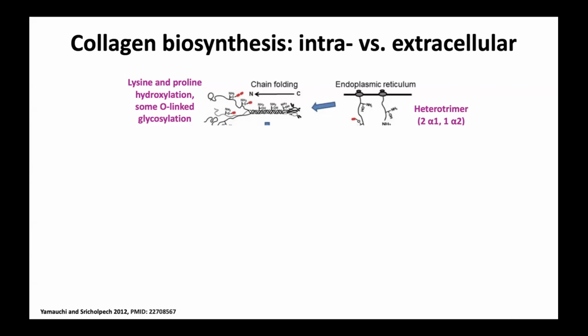So there are a number of different diseases that have mutations in collagen. The one that comes to mind for me, although it's not what I studied, is one variant of Ehlers-Danlos syndrome.